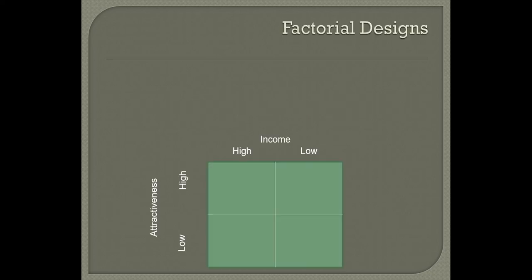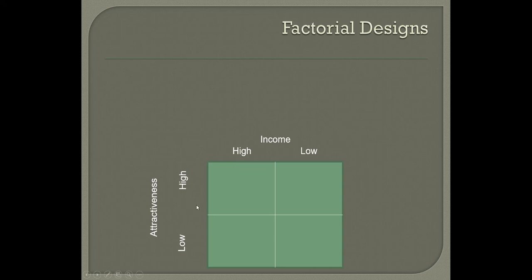So starting with a simple factorial ANOVA, if there is such a thing, here we might have an example of what we will call a 2 by 2 design. Let's say we wanted to see how physical attractiveness and income affect likability, some measure of likability.